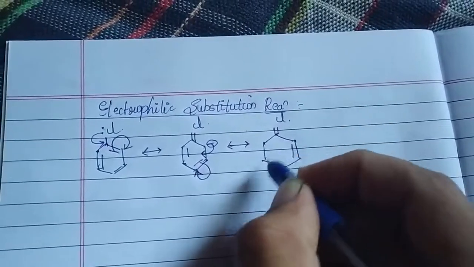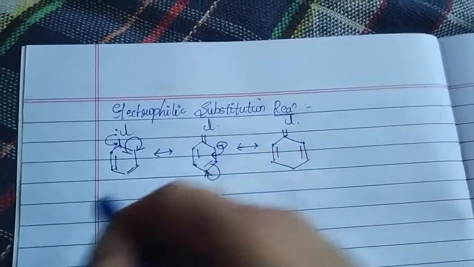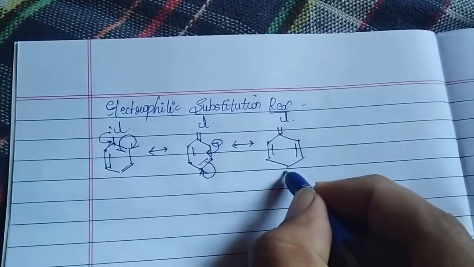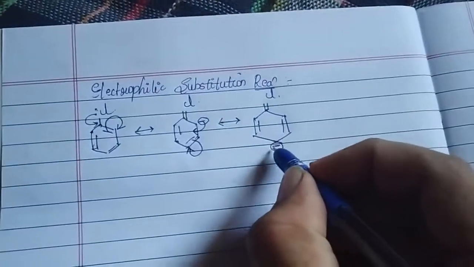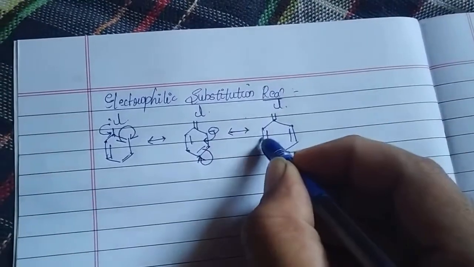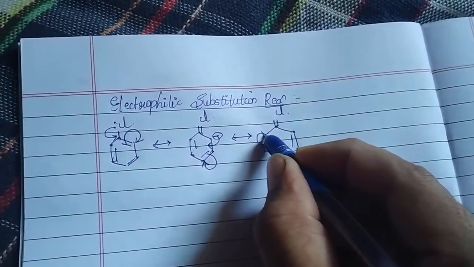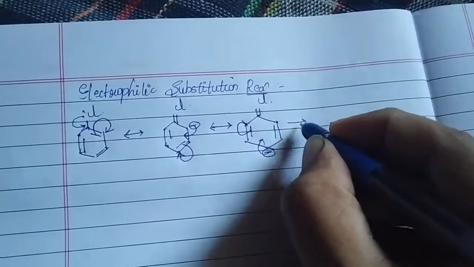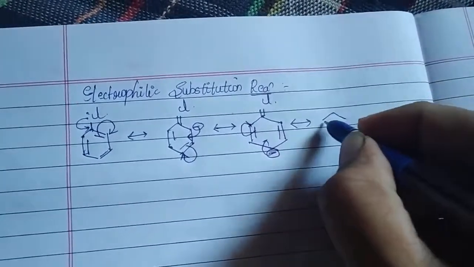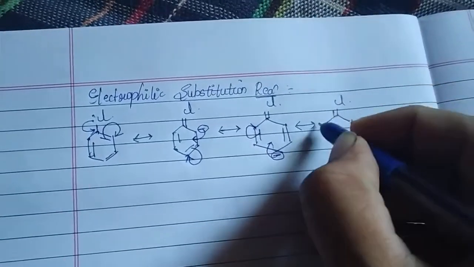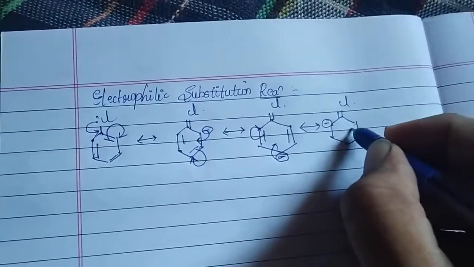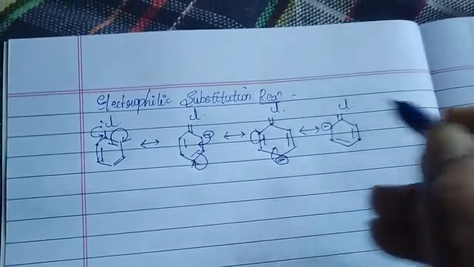Here a bond has been formed, here as usual the bond was there, whereas this bond has been taken by our carbon. Again now, these pi electrons will be taken by this carbon. So you will be having a structure like this, yes, double bond Cl, here negative, here one bond, here one bond.